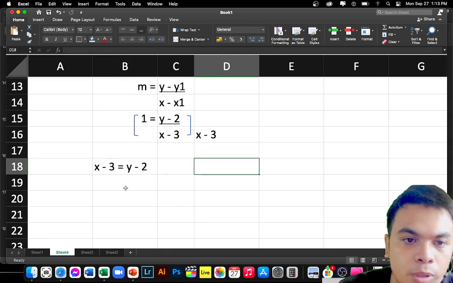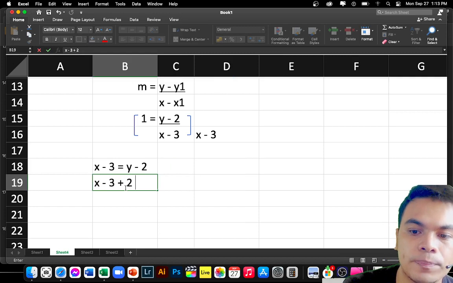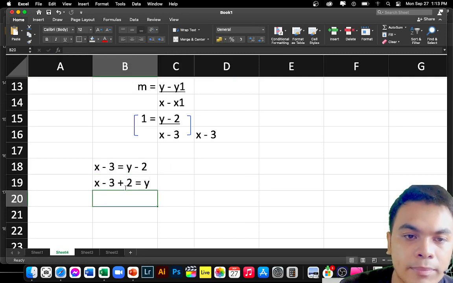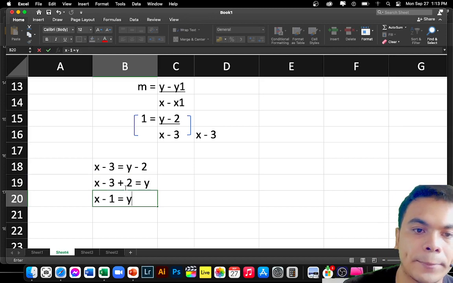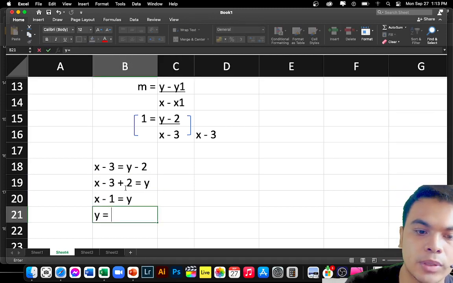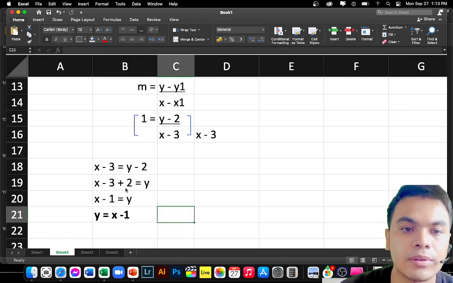It will now become x minus 3 plus 2 is equal to y. Negative 3 plus 2 is negative 1, so y is equal to x minus 1. So here is now our formula.